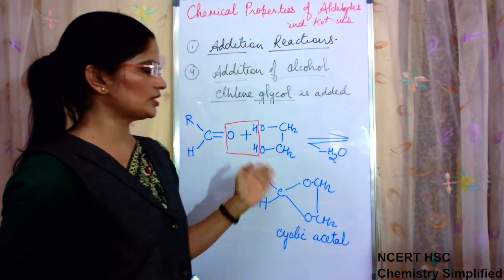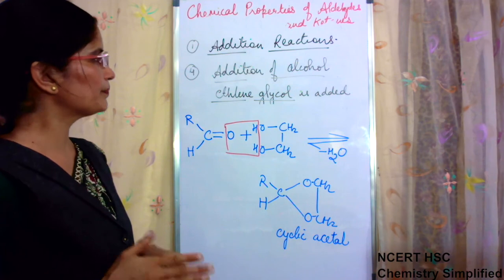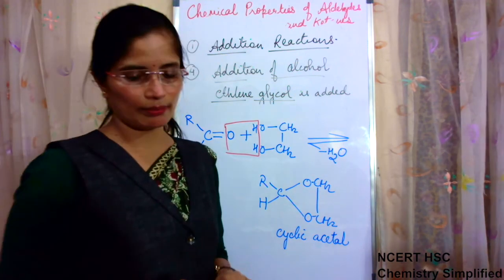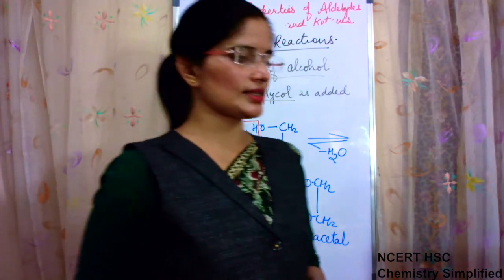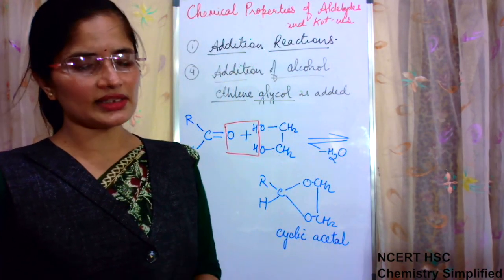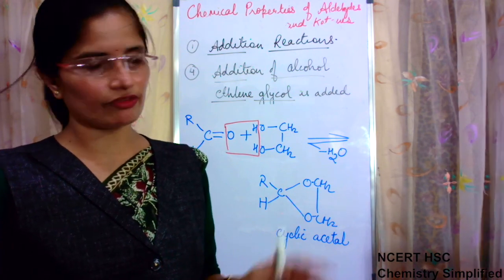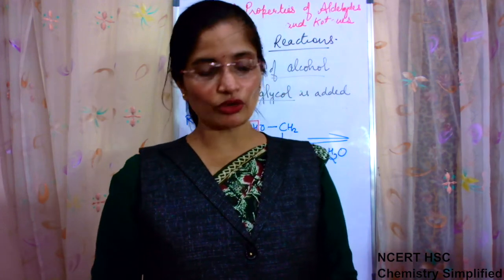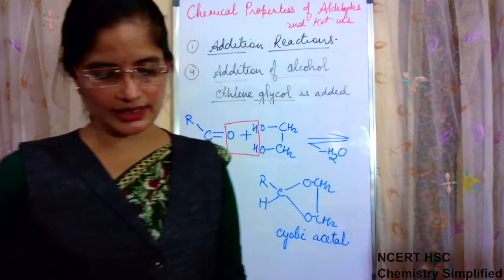So this is half the portion of addition reactions completed. More addition reactions are left, and these addition reactions as a whole are very important for aldehydes and ketones. What is left are also very important reactions that we will do tomorrow.